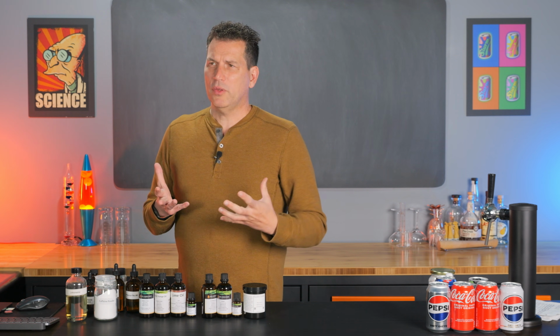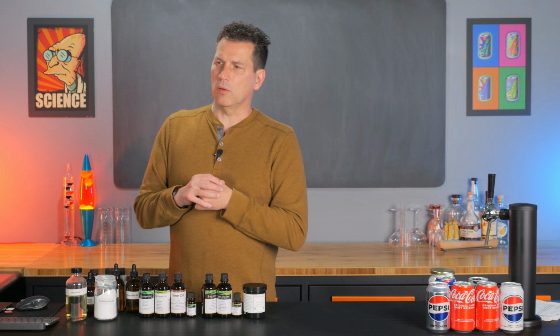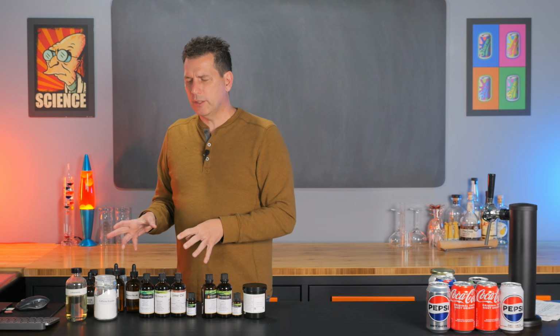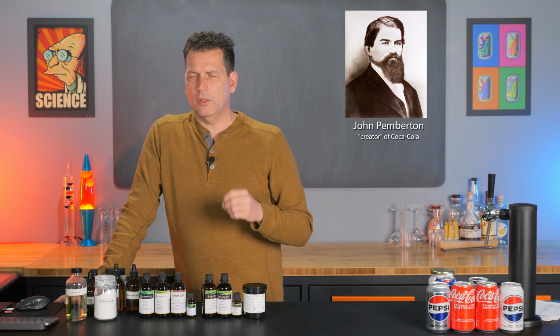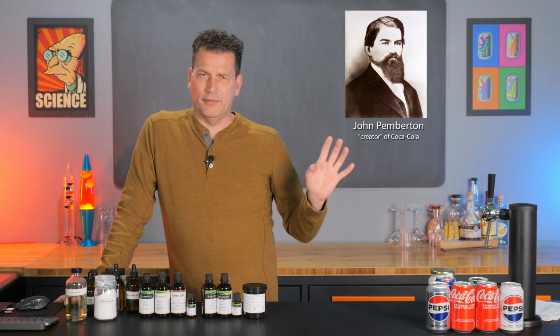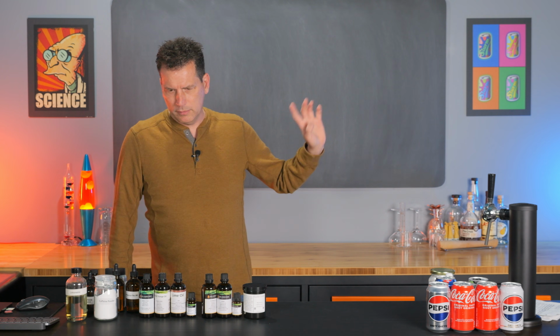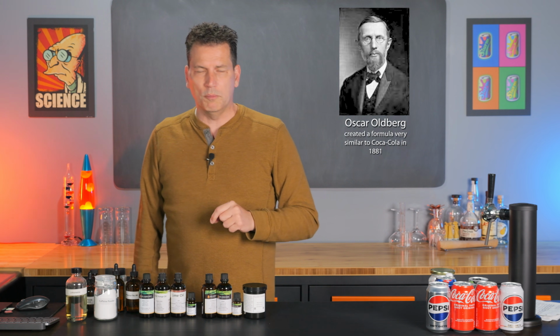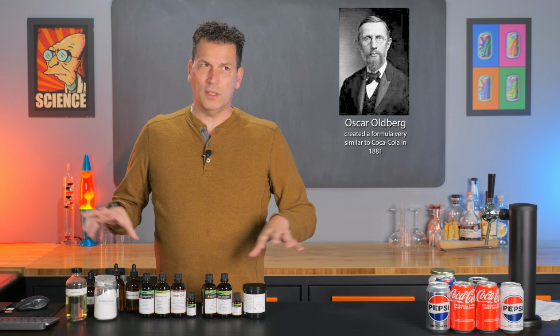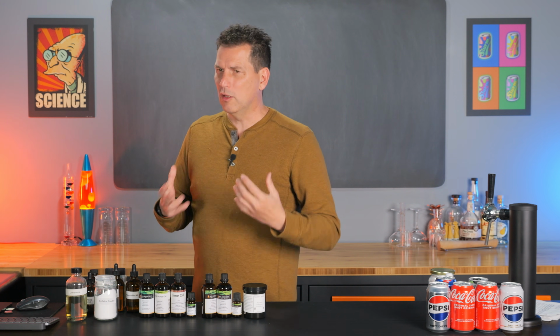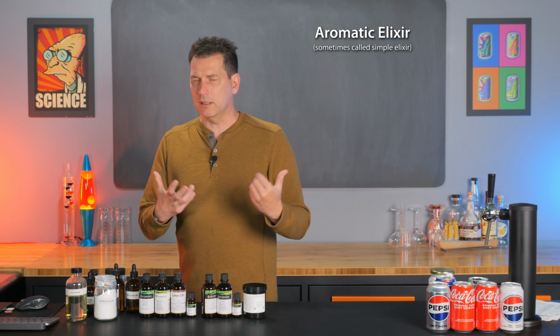Now, often people think Coca-Cola has some kind of secret recipe. Well, they have their own proprietary recipe, but even Pemberton, the credited inventor of Coca-Cola, and I've done a video that he isn't, and it's linked up here. It's probably Oscar Ohlberg. But the reality is that pharmacists have been using this cola-type flavor for a long time, and it was actually called aromatic elixir.